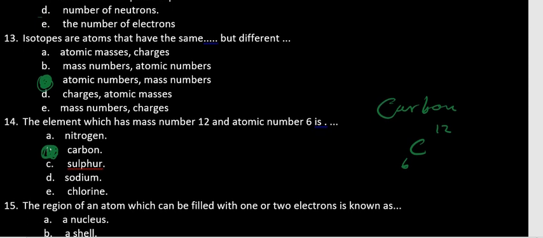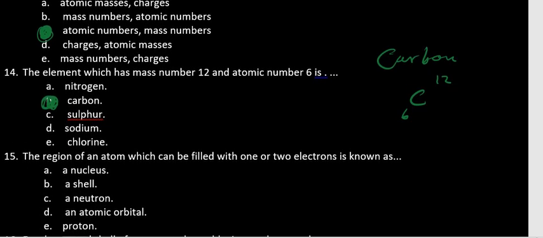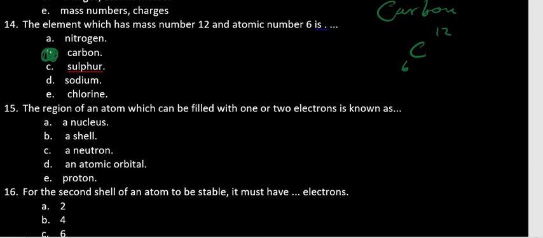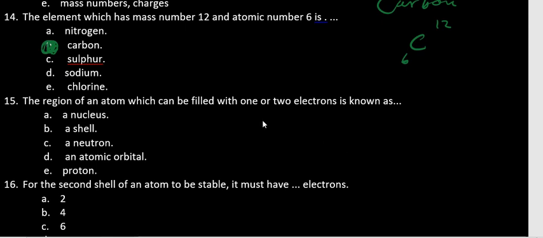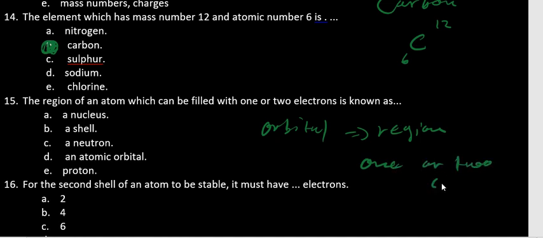Okay, let me go down. The region of an atom which can be filled up. Ladies and gentlemen, we talked of an orbital. An orbital is just a region within the shell where you can find one, not a lot, one or two electrons.